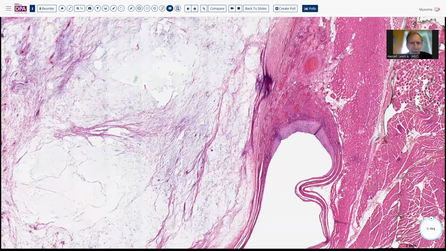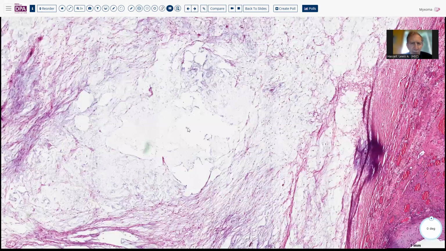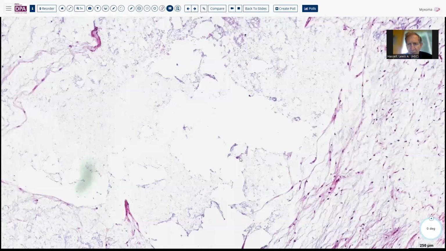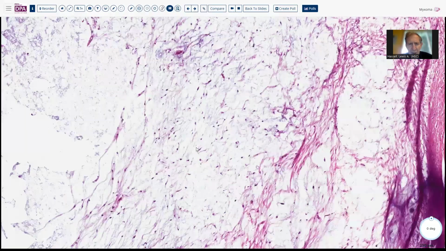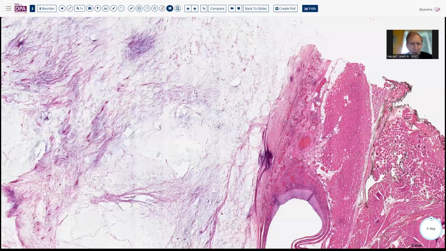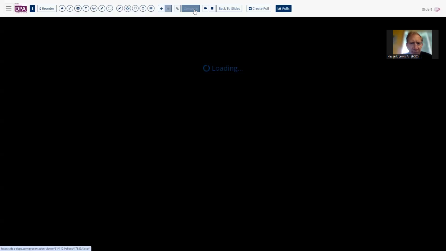And on gross evaluation, there were areas that had a cystic change to them, as we saw. And you can see how that can happen with the abundance and accumulation of the ground substance here in areas with virtually no cells. So this is certainly an intramuscular lesion. It's got the myxoid changes, the sparse vascularity, and we should arrive at the diagnosis of intramuscular myxoma.